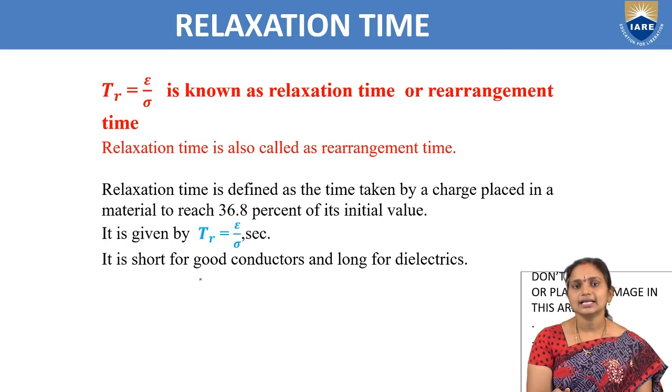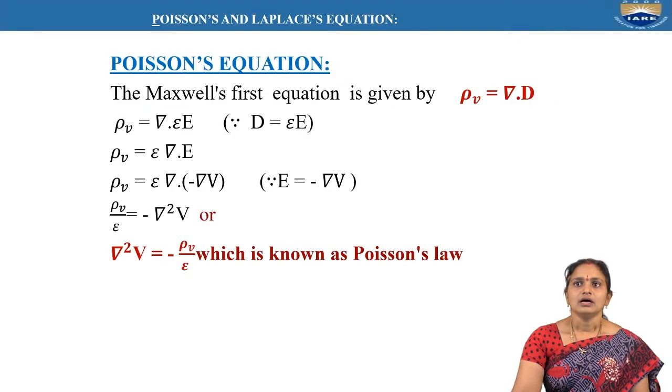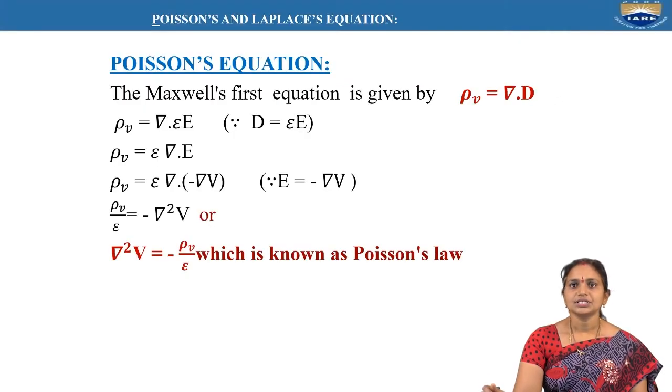In the case of dielectrics or insulators, conductivity sigma is usually small, so its inverse, relaxation time, is more. For a good conductor, relaxation time is generally in the order of seconds, whereas for dielectrics it is in the order of days also. And this is all about the continuity equation and relaxation time.